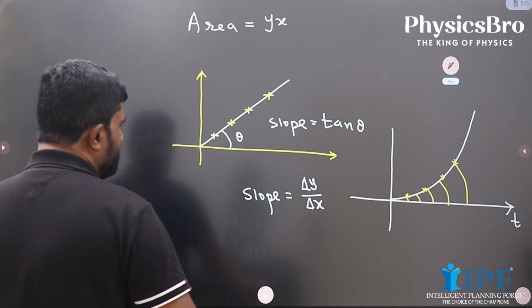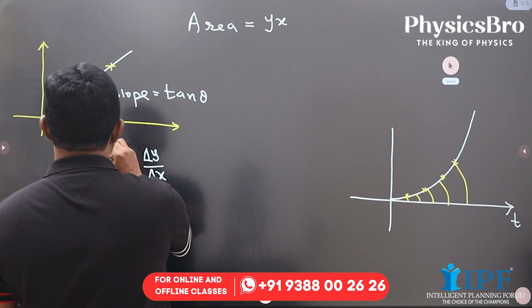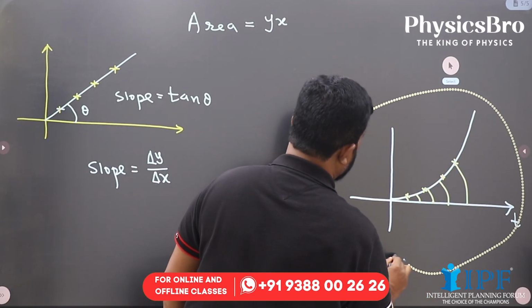Now see, this is a straight line graph, and this is a parabola.